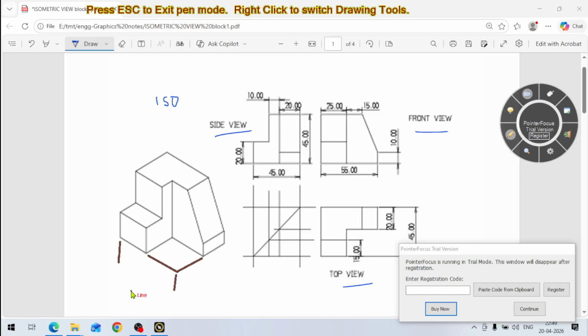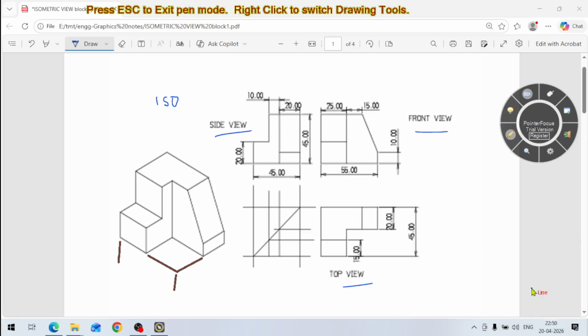This is a line here, and now I have to draw one dimension line. So these are the extension lines basically. One more extension line I have to draw from this point for width like this. So this total length is 55.